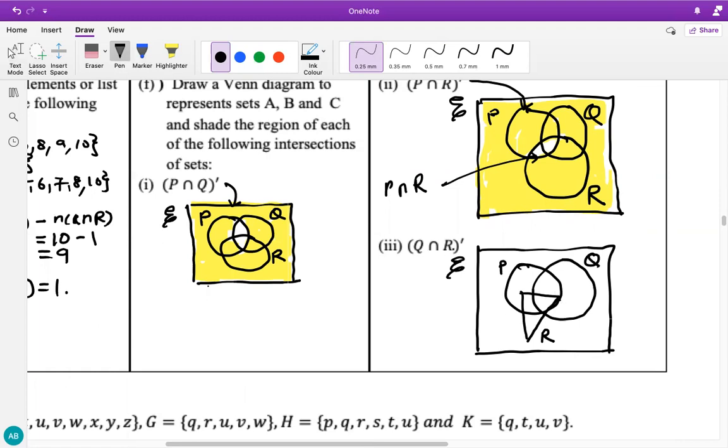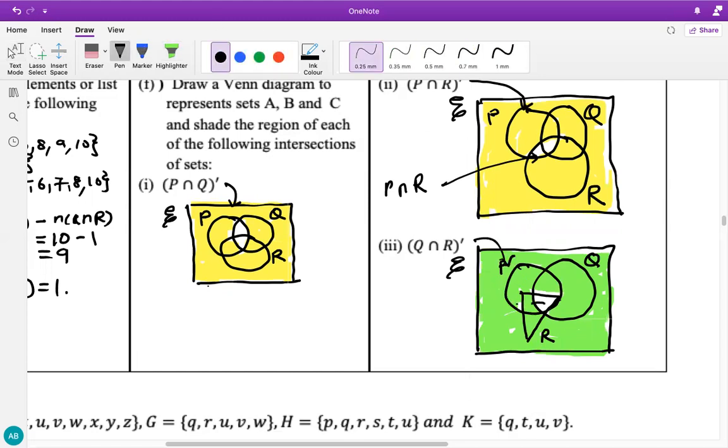So it's Q intersect R prime. So it will be the green area, the whole thing, excluding the area where Q and R intersect. Intersect means the common area between Q and R. Okay, so this is the answer.